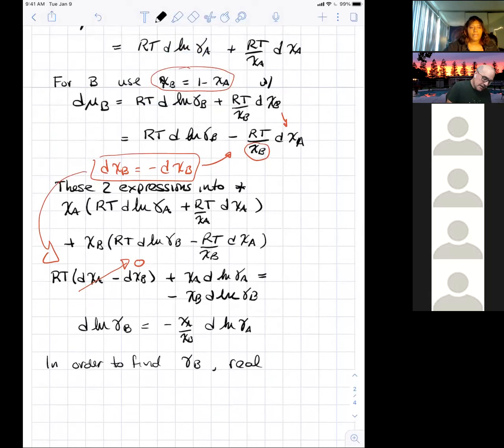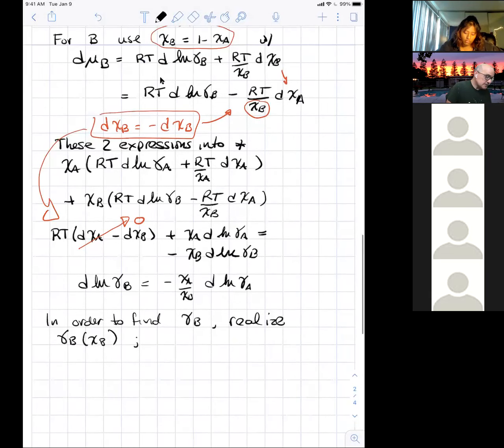So in order, the first thing is we have to realize that the activity coefficients are a function of the mole fraction, right? It's not a constant, it's dependent on the mole fraction. So when we do this integration, let me go ahead and integrate both sides so we can see what this looks like.